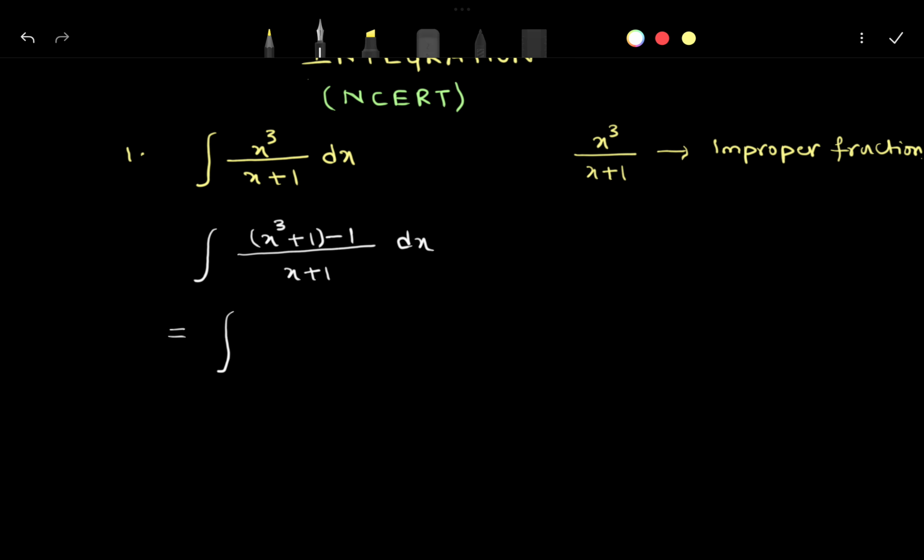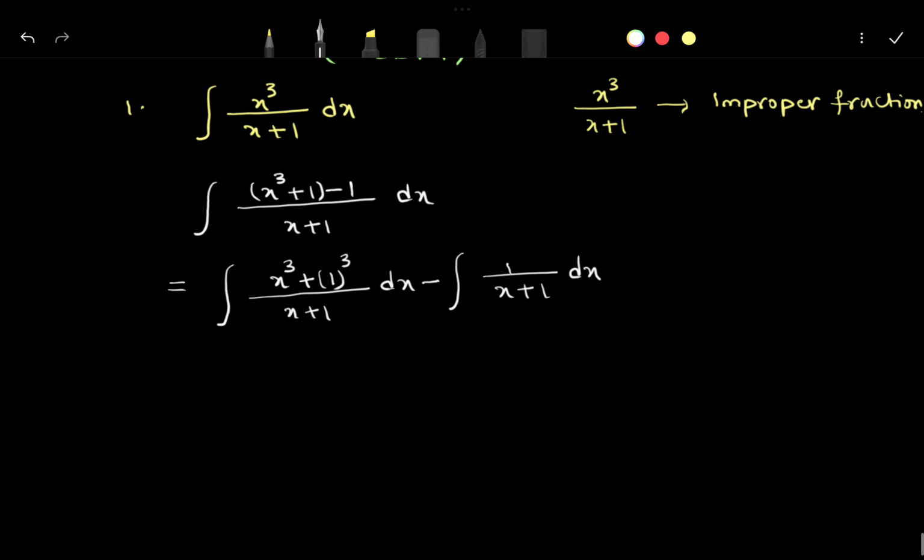We can write this as the integration of x cube plus 1 to the power of 3 divided by x plus 1 into dx, minus the integration of 1 by x plus 1 into dx. I hope that it is very clear to all of you.